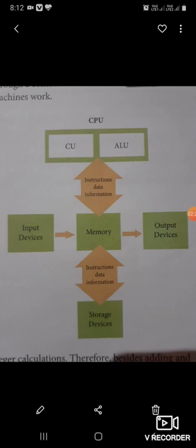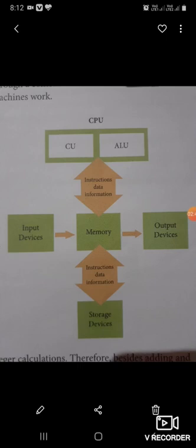First, input. When the user inputs any data or instruction, it is held by the memory unit. From there, the control unit takes that data and instruction and sees whatever has to be done on it. If there is a need for any calculation or decision making, then it delivers that to the ALU.